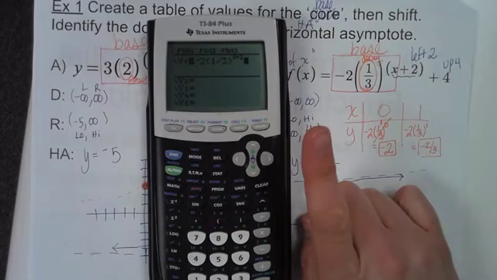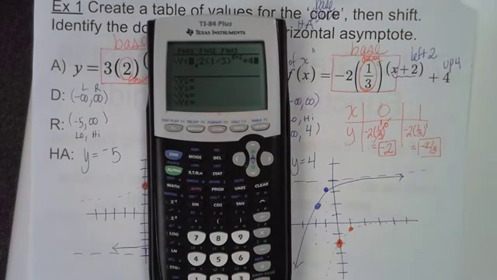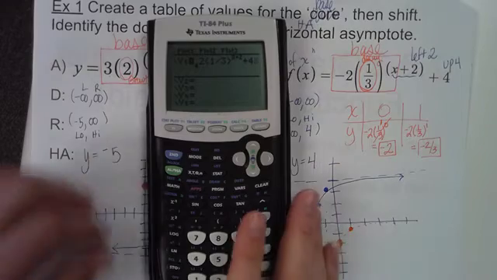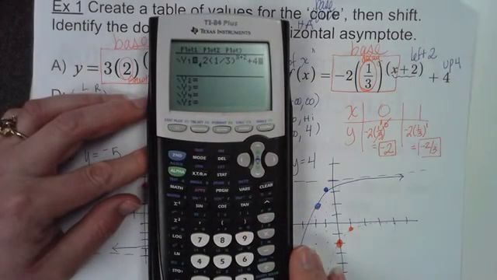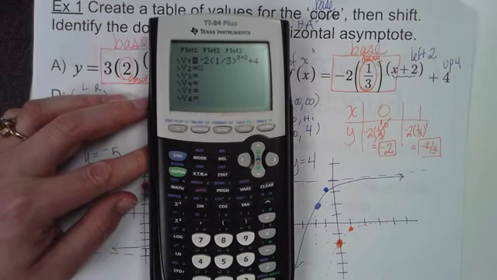And we need an arrow to the right to get it down. So arrow to the right, and then you can do the plus 4. And then when you get that in there, you can press graph.